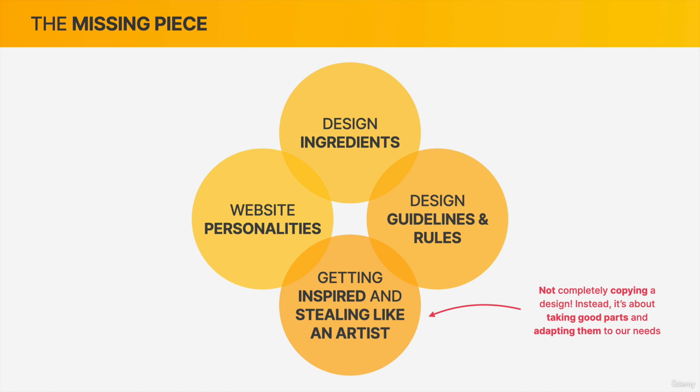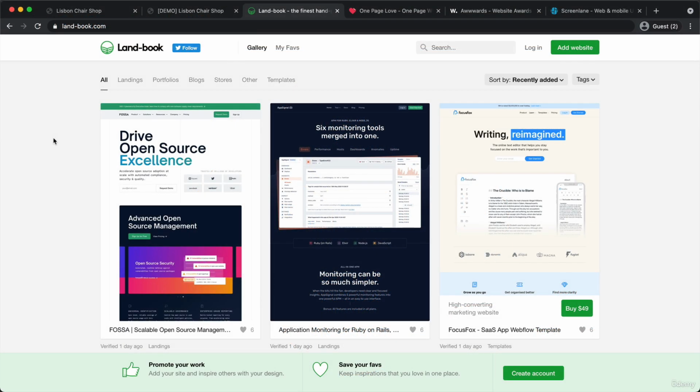So getting a lot of inspiration from other well-designed sites is really important if you want to create your own design. And so let me show you now how I do that.